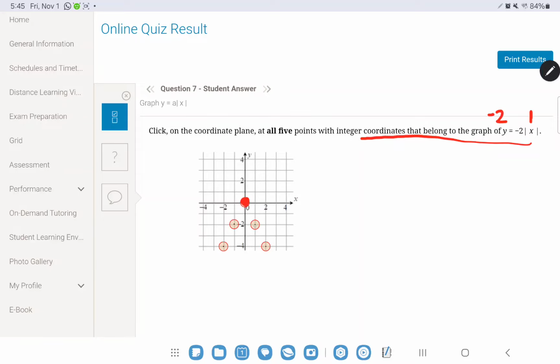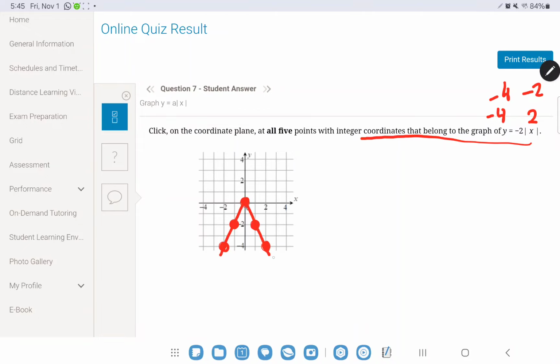When it's -1, you also go -2. When it's 2, it becomes -4. When it's -2, it's also -4. And that's your graph.